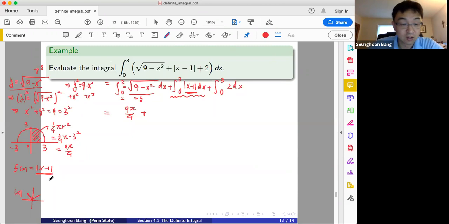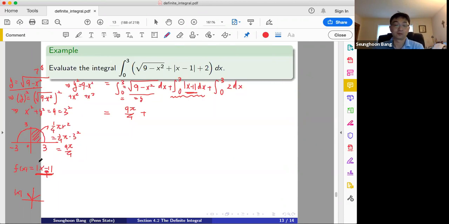What do you think? Which direction? Could you write your answer? What does the minus 1 mean?